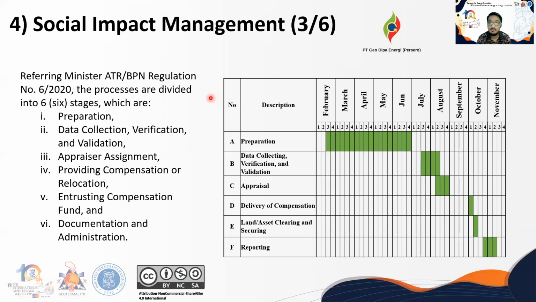The table on the right of the screen shows the actual implementation of social impact management for the land clearing process in the Dieng 2 sub-project, from February to November. So it took about 8 to 9 months from the preparation until the report was received by Geodipa in the 2nd week of November. In the next slide, we will have some explanation about section B, data collecting, verification, and validation for the grievance redress mechanism study case.